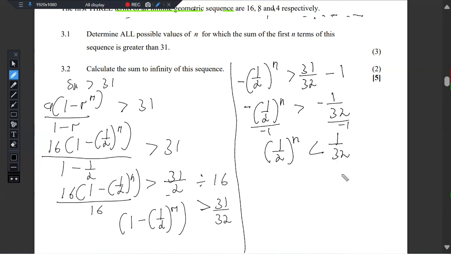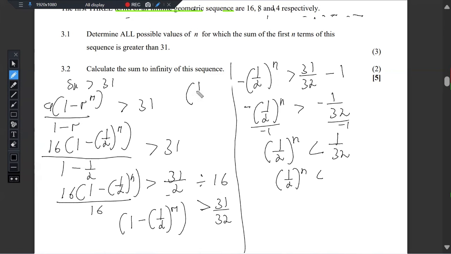Now, you want to find your value of n. You can write 1 over 32 in exponential form. If you just take 32 and punch it into your calculator, shift, and then factorize, it will factorize this. Sorry, it's 1 over 2 to the exponent of 5.